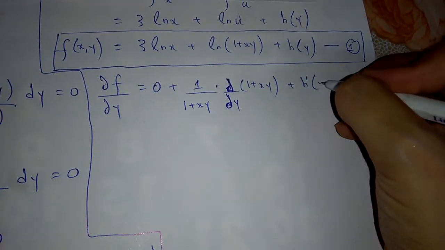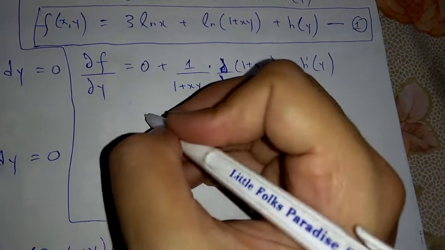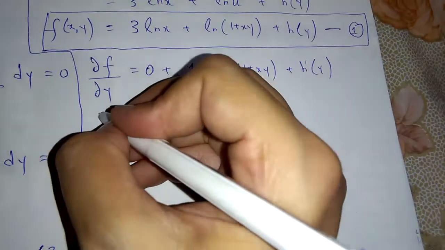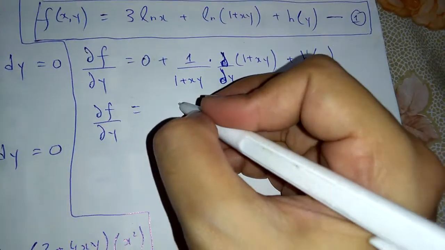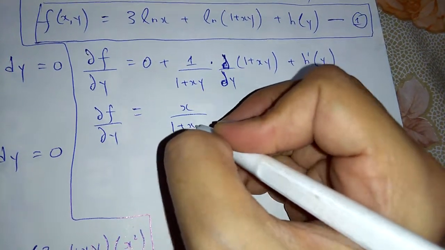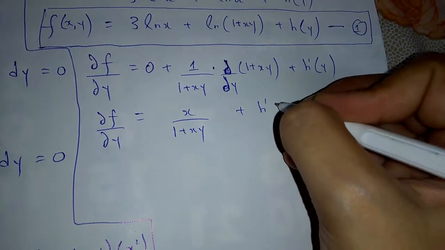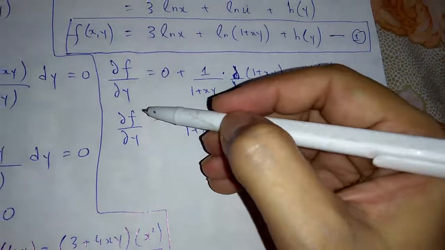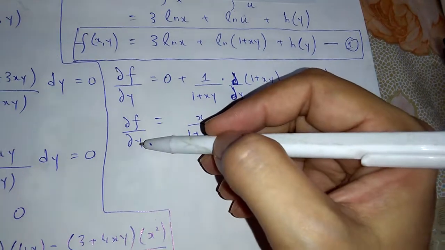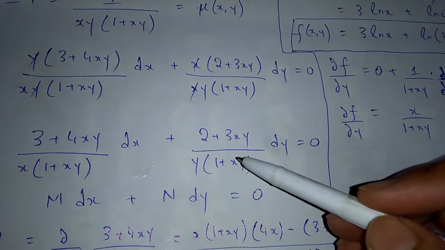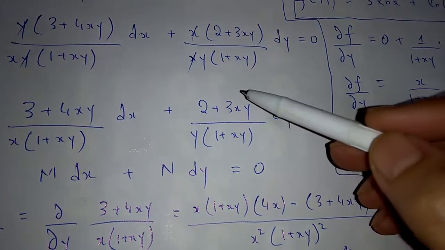Plus the derivative of this function. So the answer that I'm going to get is x upon 1 plus xy plus h prime y, and you can see that the partial derivative of f with respect to y was this function. Yeah, that was your n.